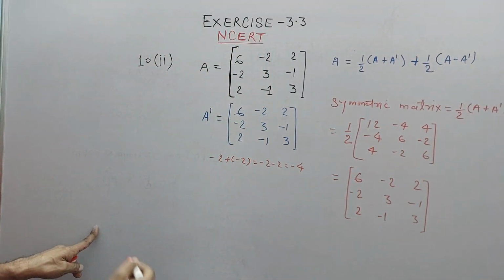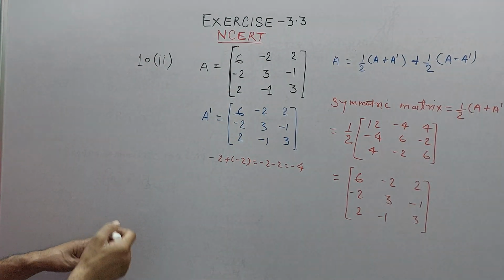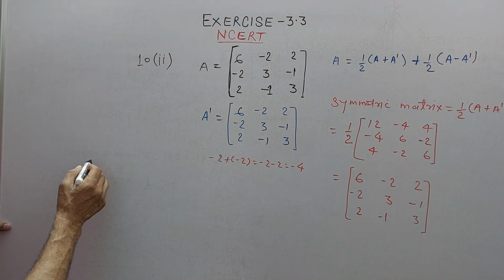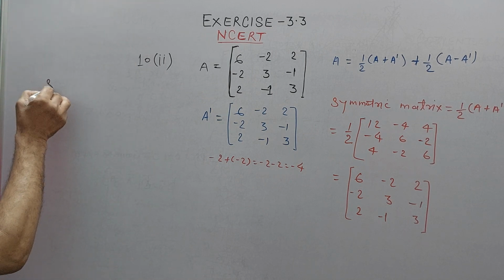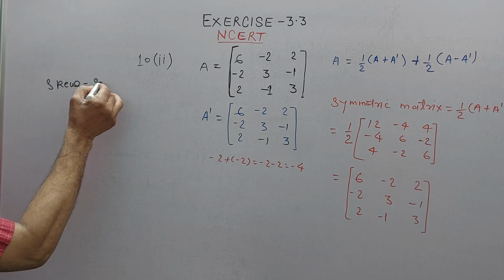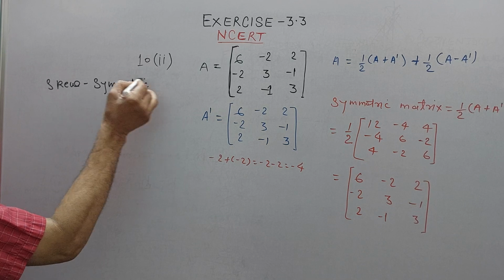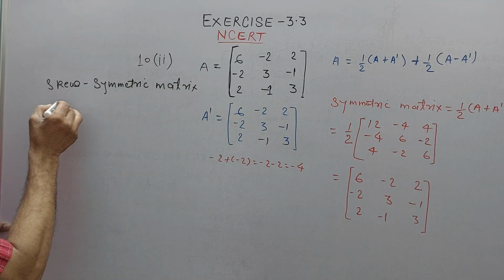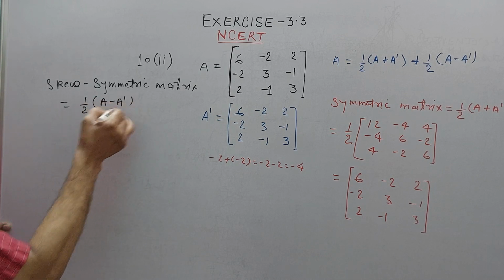Now let us do the skew symmetric matrix. This is the other part. So we have to calculate the skew symmetric matrix, which will be half of A minus A transpose.